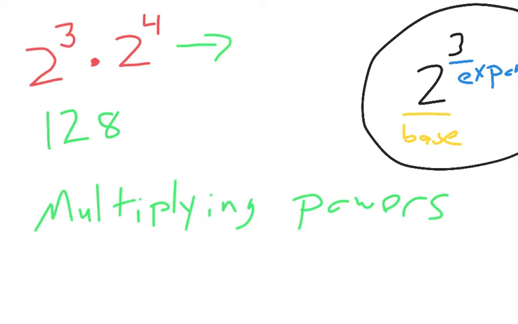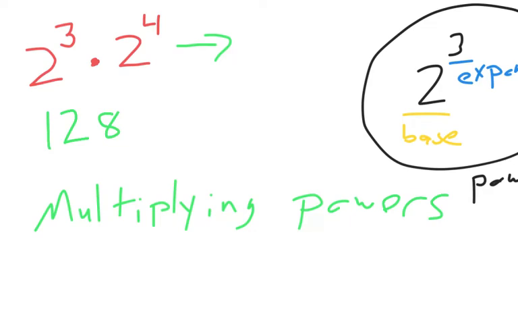This whole thing is called a power. So when you have a base and an exponent, that's called a power. So right here on this problem, we are multiplying powers. Everybody knows what I'm talking about when I say that now.